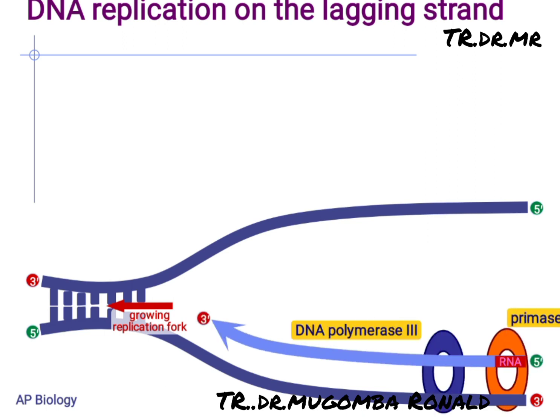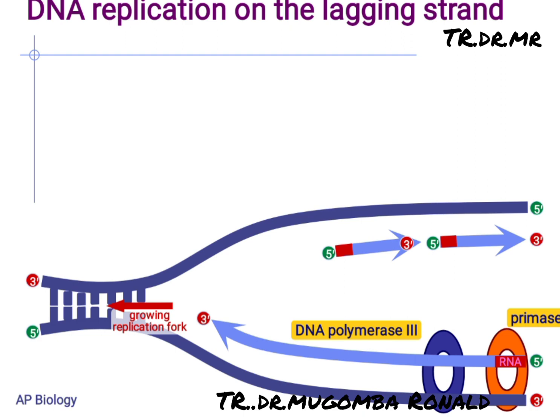We saw that after the primase has put RNA primers, then DNA polymerase starts synthesizing the new DNA strand by adding at the 3' hydroxyl group of the RNA nucleotides. Then the lagging strand is formed discontinuously. You can see that the primer is added and then we form DNA.